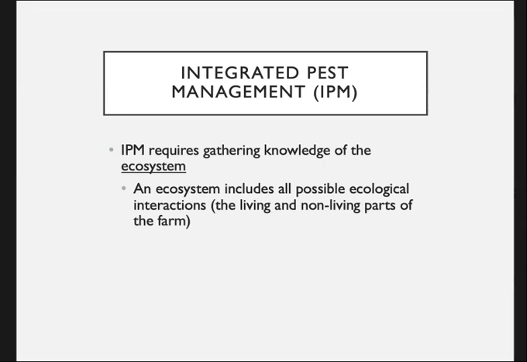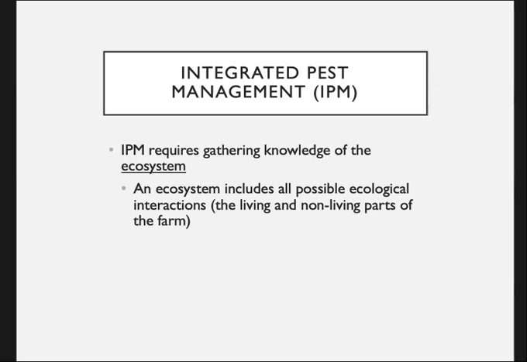And in an ecosystem, we're considering both the living and the non-living components, as well as their interactions. So in other words, we're not just looking at individual organisms or pairwise interactions between organisms, like if you have an insect pest feeding on a plant.